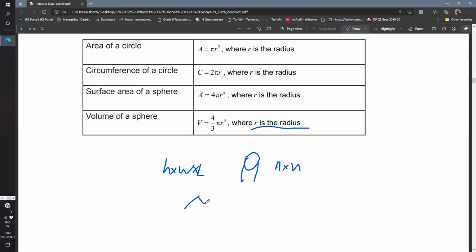Sorry, this is a trapezoid. This is one side A, this is the other side B, and this is the height. The formula for the area is equal to half A plus B times the height.